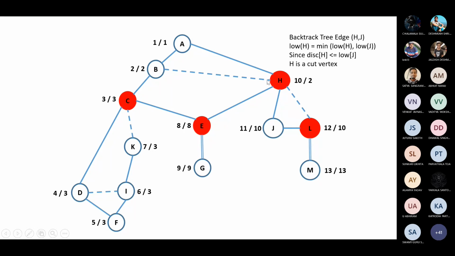H is the 10th vertex that is being discovered, और low J that is also 10. इसका मतलब यह है कि H के नीचे जितने भी vertex हैं, from them through back edge you can reach maximum H and not above it. Since you cannot reach above it, so H must be a cut vertex.